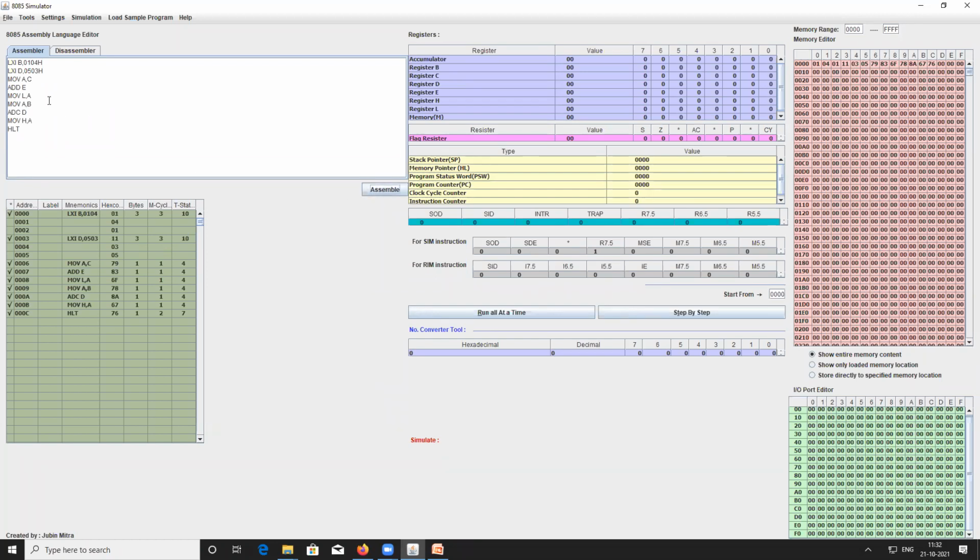In 16-bit programming, you have to make a register pair. MVI is not register addressing; it is immediate addressing. LXI is also immediate addressing.